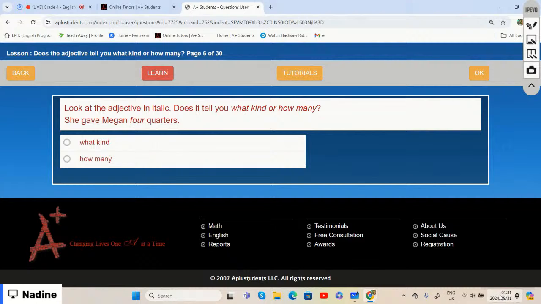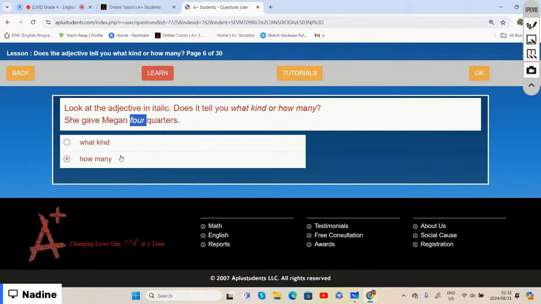The next one says she gave Megan 4 quarters. If you look at the word in italics, four is the word in italics. Four is a number, and if four is a number, then it tells us how many.